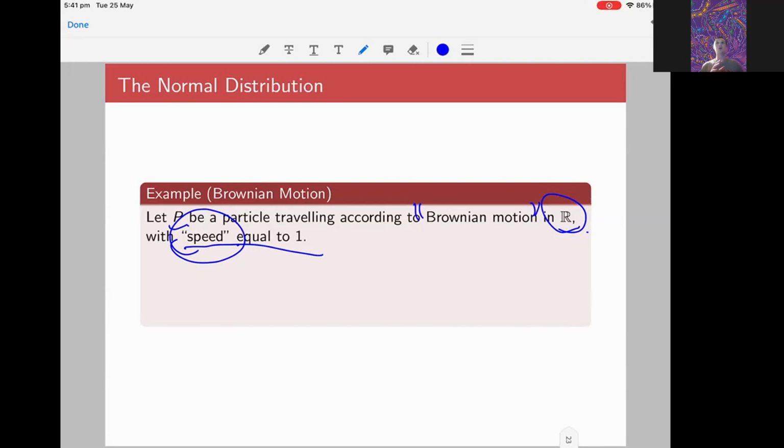Essentially, even though my particle can travel arbitrarily fast, I don't want it to be traveling arbitrarily fast, arbitrarily often. So I need to somehow slow down my particle. And so I do that by setting the speed equal to 1, even though I haven't really defined what speed means either.